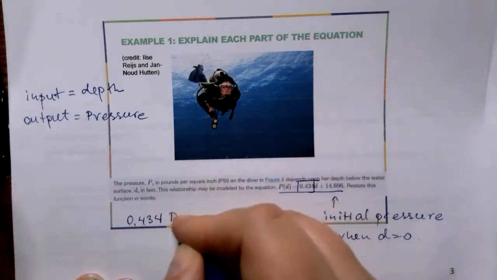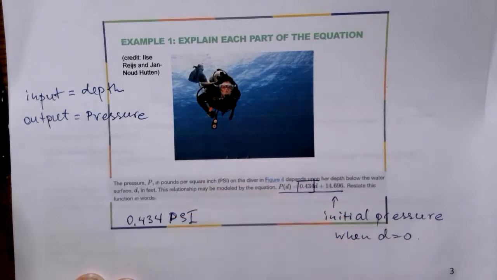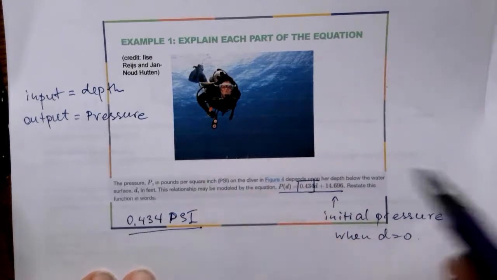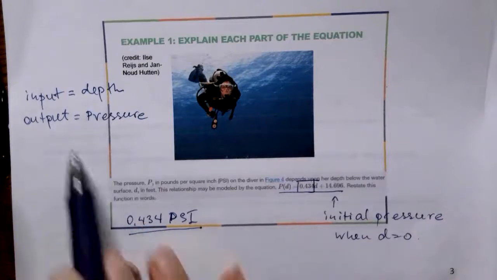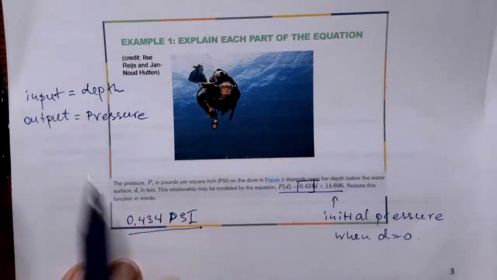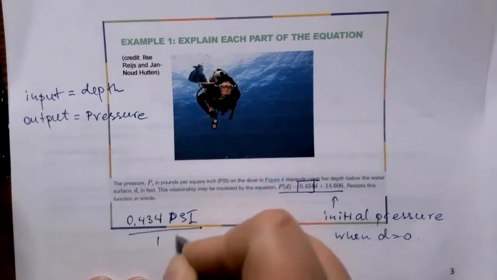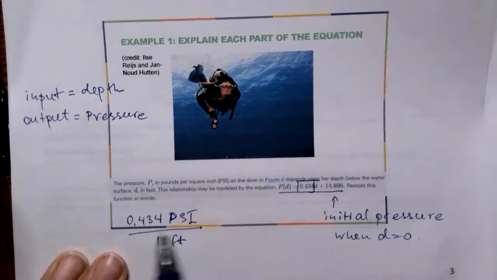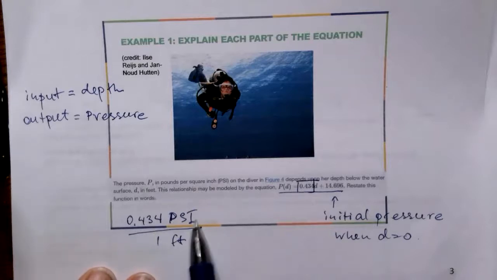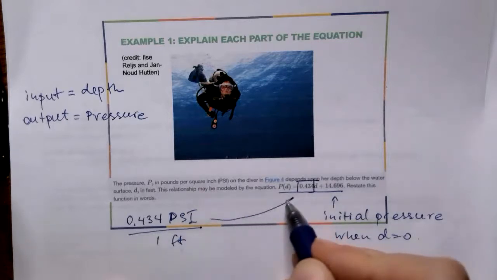So it's measured in PSI per, and on the bottom you always put the input units. So D is measured in feet. So it's a rate of change of 0.434 PSI per 1 foot. So that's how fast the pressure is changing as the depth is changing. So that's the meaning of this constant.